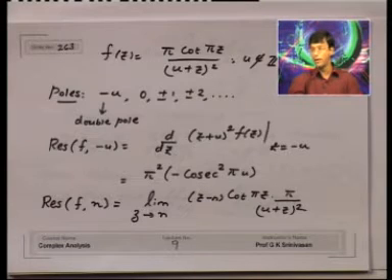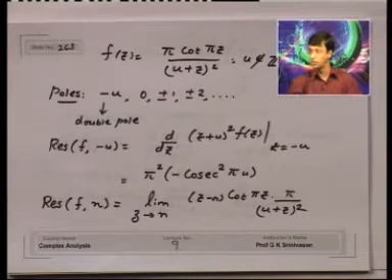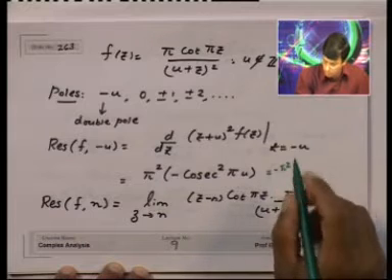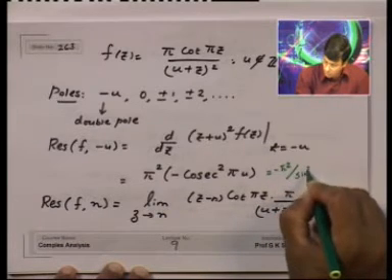When you differentiate pi cot pi z, you are going to get pi squared into minus cosecant squared pi z, correct. You have to put z equal to minus u. So, what you get is minus pi squared by sin squared pi u.